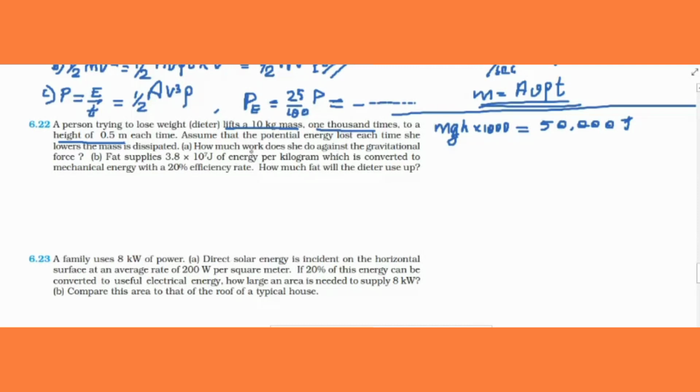Then, how much work does she do against gravitational force? That is what this 50,000 joule. Then next part B. So this is the answer to part A. Now part B. Fat supplies 3.8 into 10 power 7 joule of energy per kilogram.